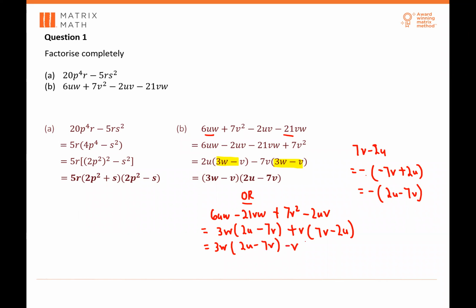Minus V, and then 2U minus 7V. Then you can put your two terms together. So 3W minus V, 2U minus 7V. So you also get the same answer.